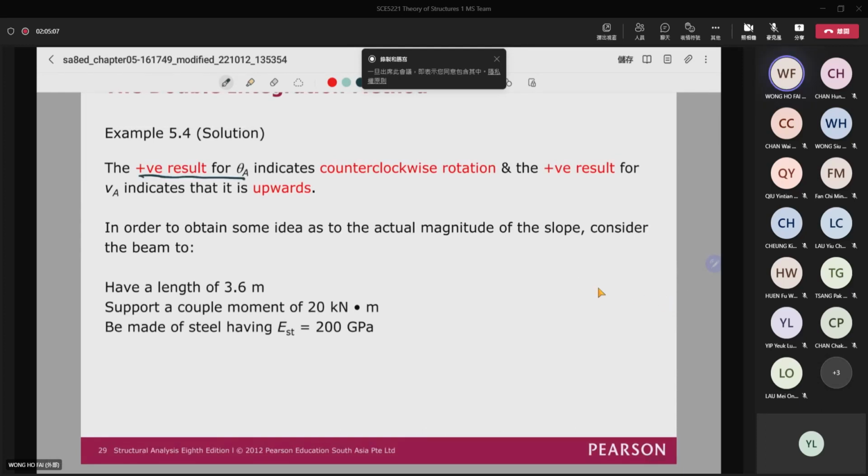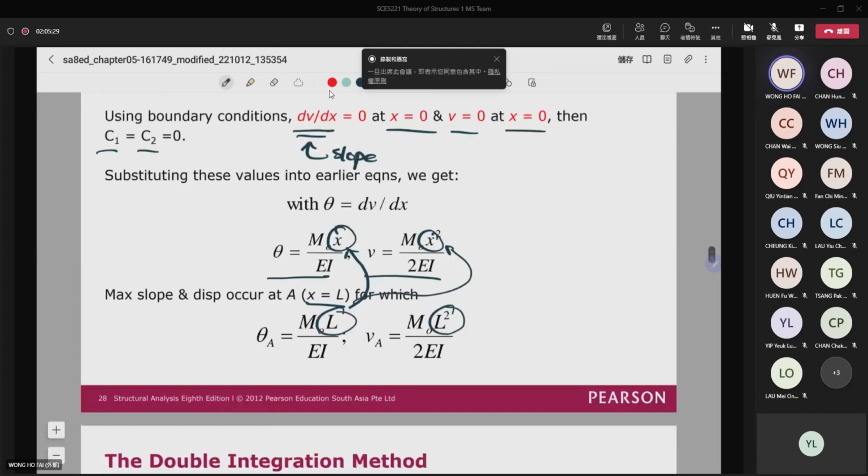Positive answer for theta A, it will be counterclockwise rotation. Positive answer for vA, it means actually bend upward in the vertical. So for here, you have your answer actually in the positive sense.